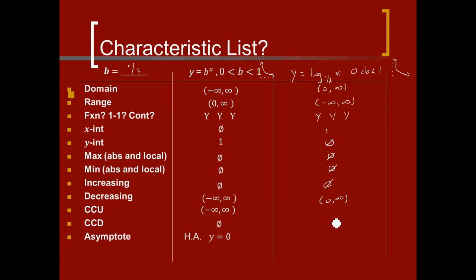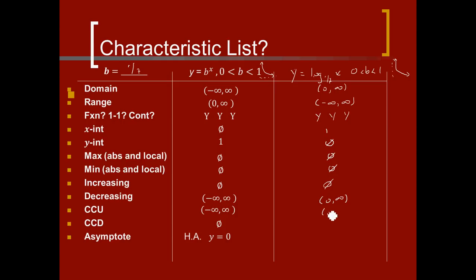And hey, this one, like exponential functions, regardless of the base, you were concave up. This is still concave up. But log graphs, when your base was greater than 1, was concave down. But how about between 0 and 1? It's concave up.